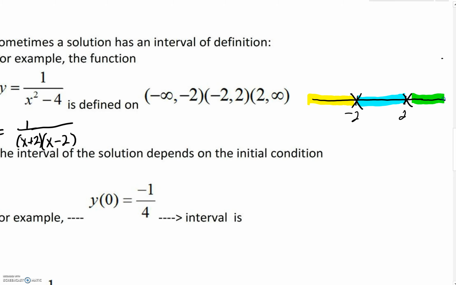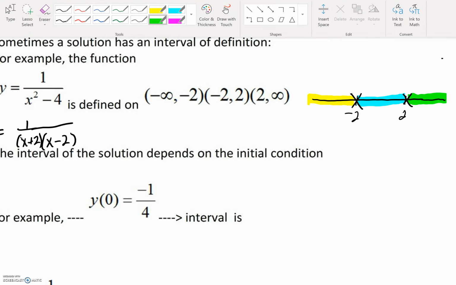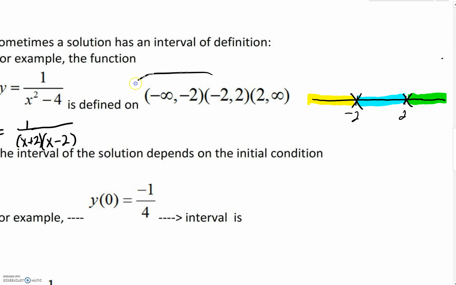You could have x values bigger than 2. You could have x values between negative 2 and positive 2. You could have x values smaller than negative 2. We no longer have a continuous domain, so to speak. So we're either going to be from negative infinity to negative 2, from negative 2 to 2, or 2 to infinity. You could think, well, how in the world do you know?